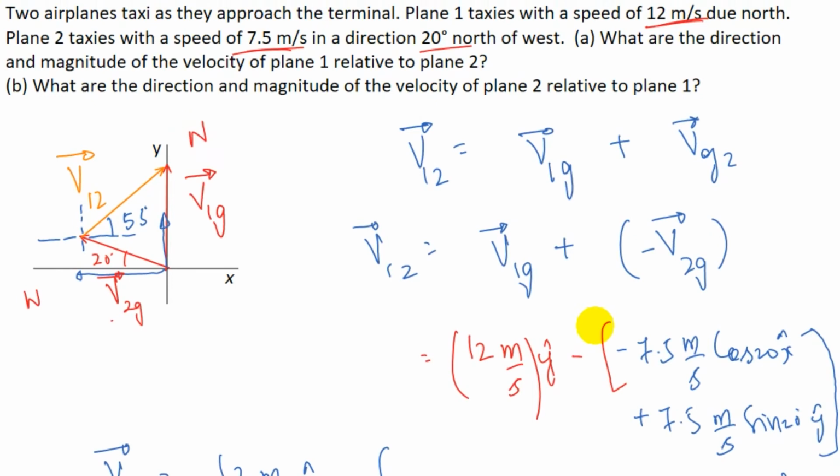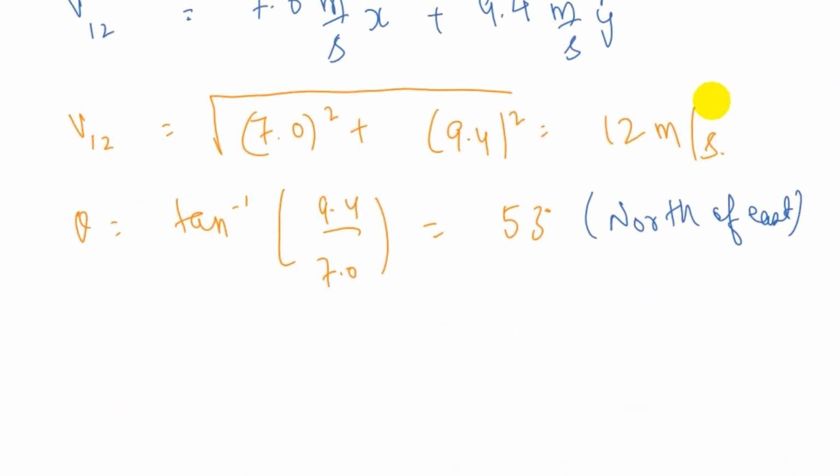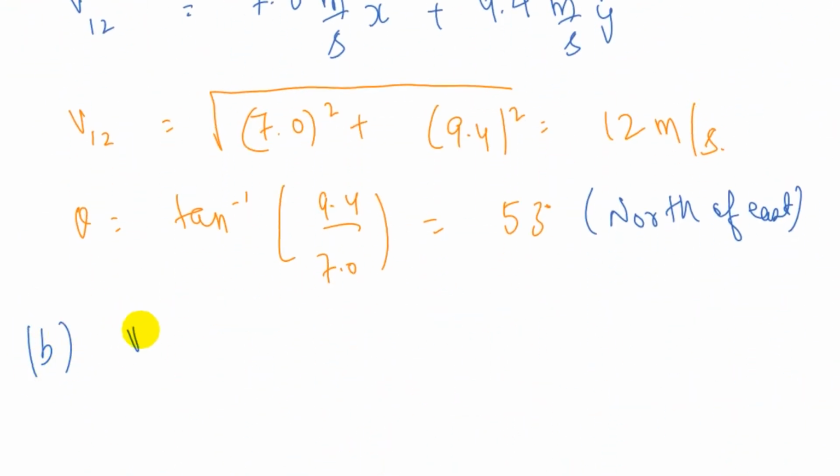Now next, in the B part we need to find the direction and the magnitude of plane 2 relative to plane 1. Pretty simple, because we know that V21 is the negative of V12, right? So we can write that V21 will be the negative of V12.